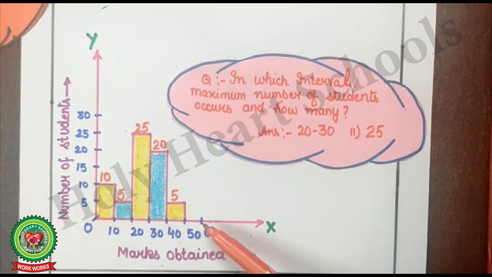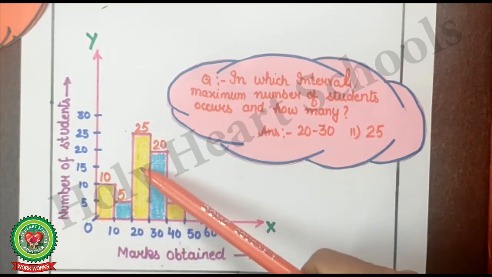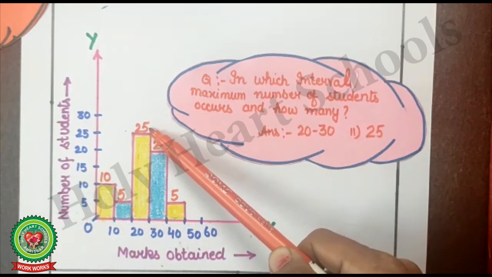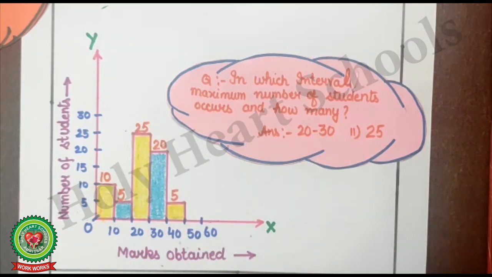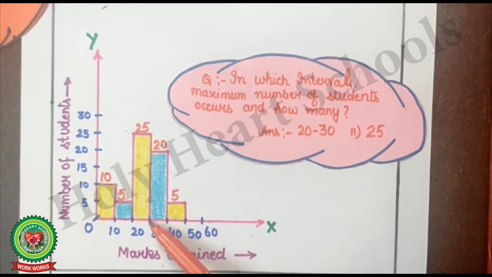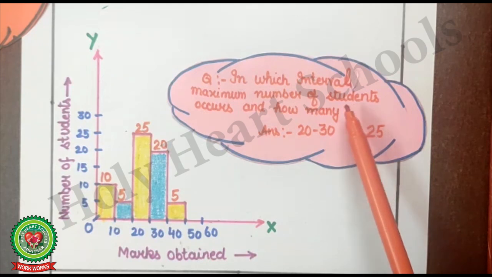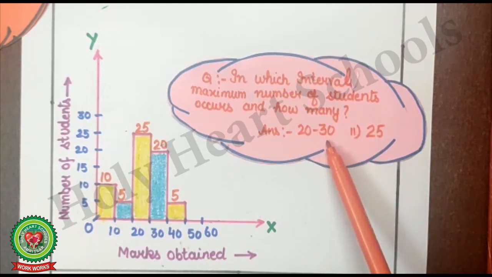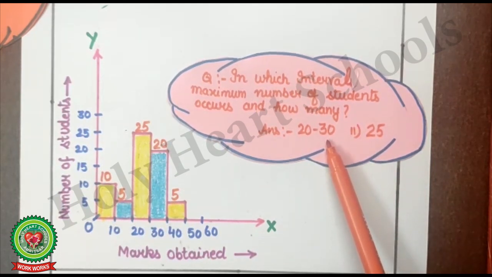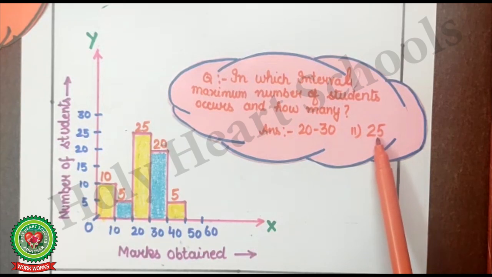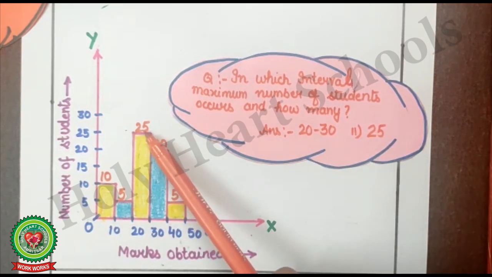In the histogram, we are having the highest bar of 25 students. And which interval is it? 20 till 30. So the maximum number of students occur in interval 20 till 30 and the number of students equals 25.